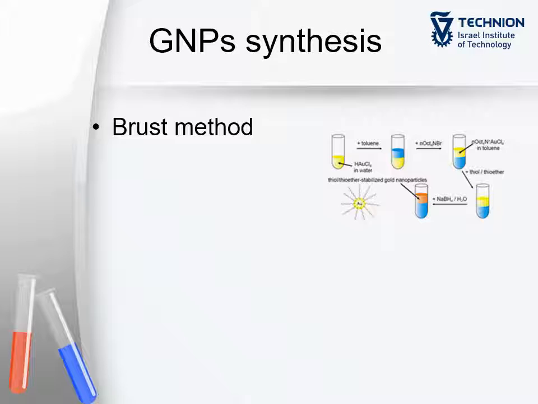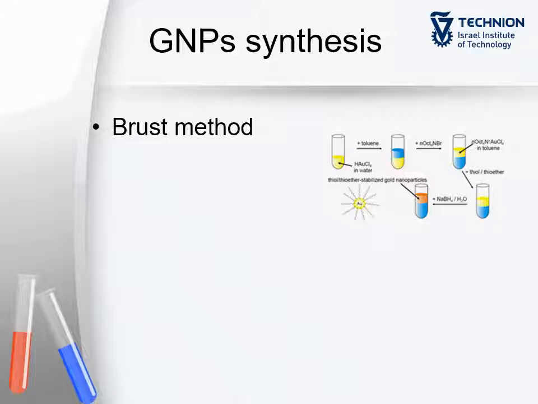It involves the reaction of a chloroauric acid solution with tetraoctylammonium bromide, or TOAB, solution in toluene, and sodium borohydride as a reducing agent.